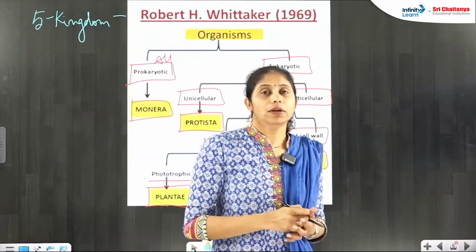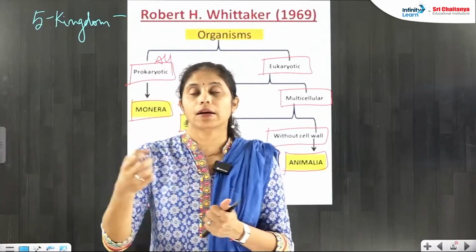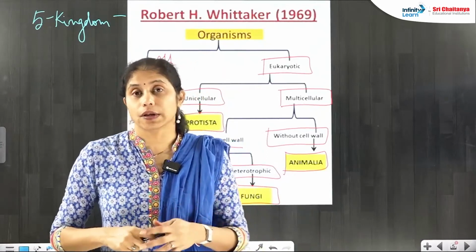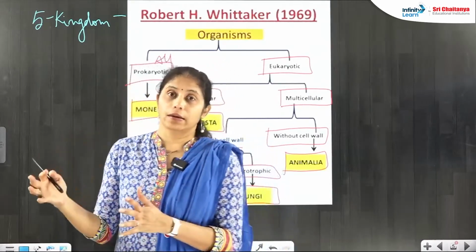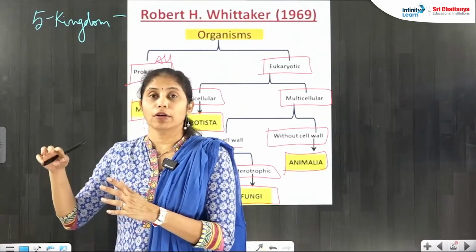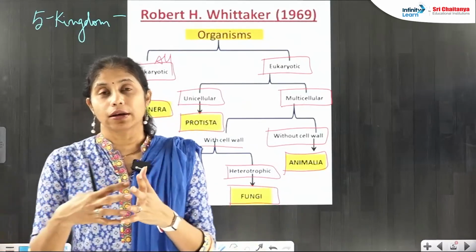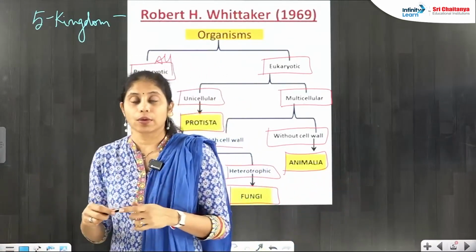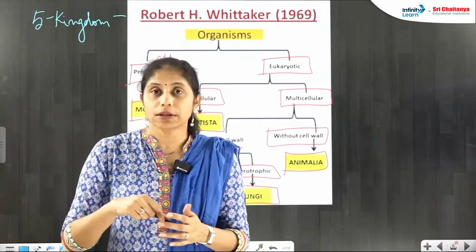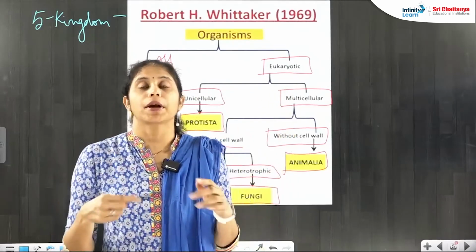When he gave this, he brought different groups of organisms together, because the criteria of classification keep on changing. Chlamydomonas was actually unicellular. Spirogyra is a multicellular organism, but it belongs to the algae. Chlamydomonas, Chlorella, Paramecium and Amoeba got separated: Paramecium and Amoeba were taken from animals, Chlamydomonas and Chlorella were taken from plants, and these four were kept under Protista.